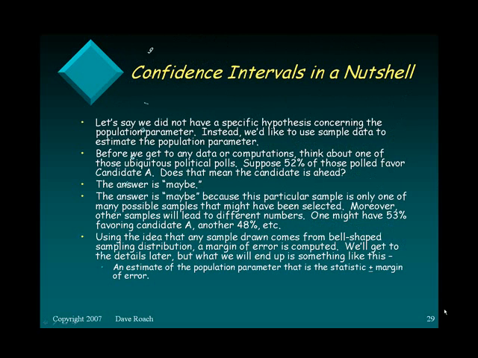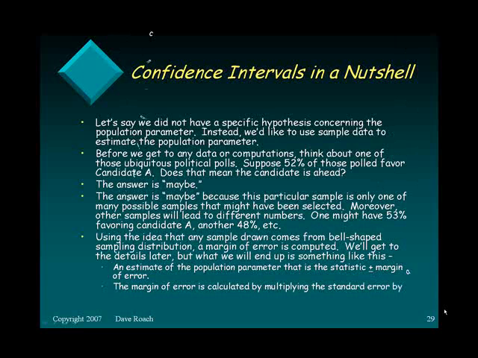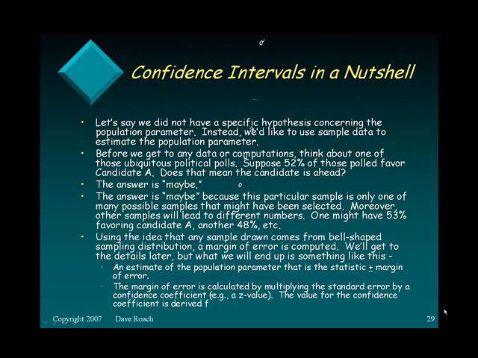In other words, in this 52%, we might have 52% plus or minus 3%, or plus or minus 4%. You can see 50%'s in there, and so the candidate might or might not be ahead. Coefficient, which is going to be a z-value, and we're going to get that, just to give you an idea, by multiplying standard error by a confidence coefficient, which is a z-value, which we can use because the sampling distribution is a bell curve.